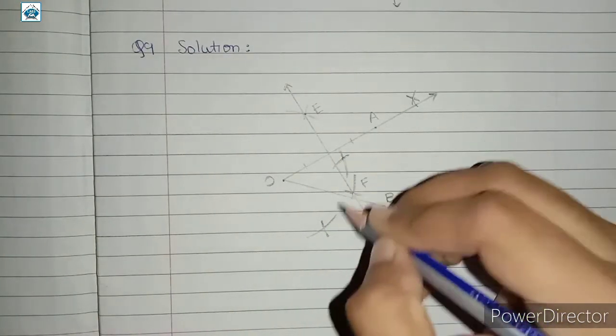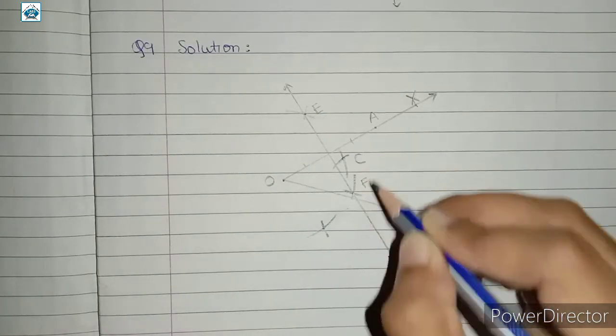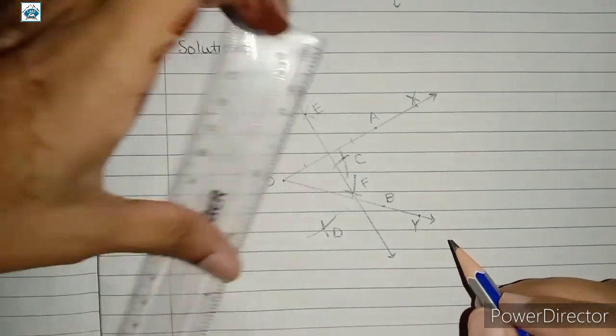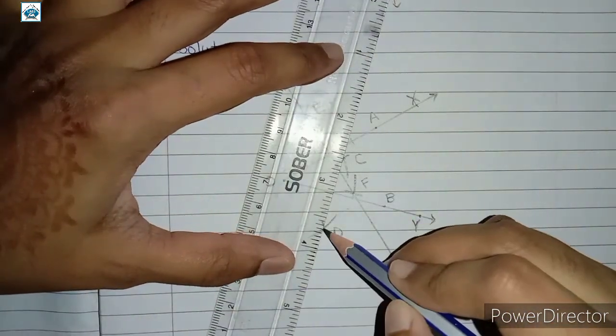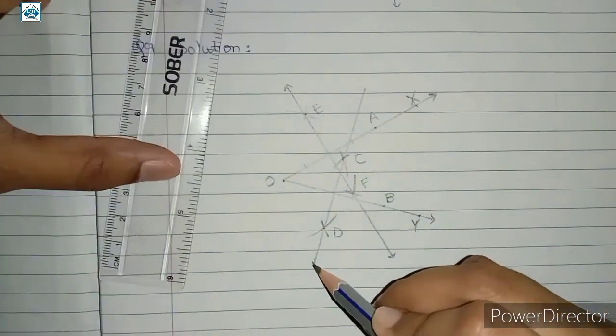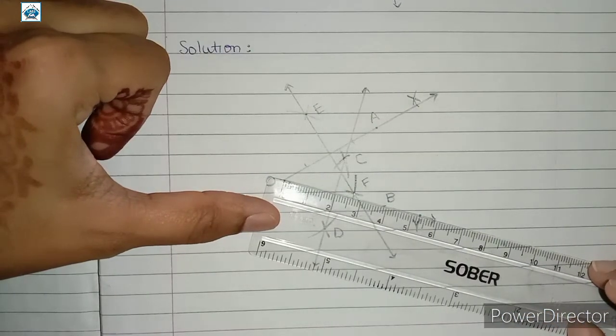We got 2 points over here. Let us name them C and D. Join CD in order to get the perpendicular bisector of OB. Yes, so this is the perpendicular bisector of line segment OB.